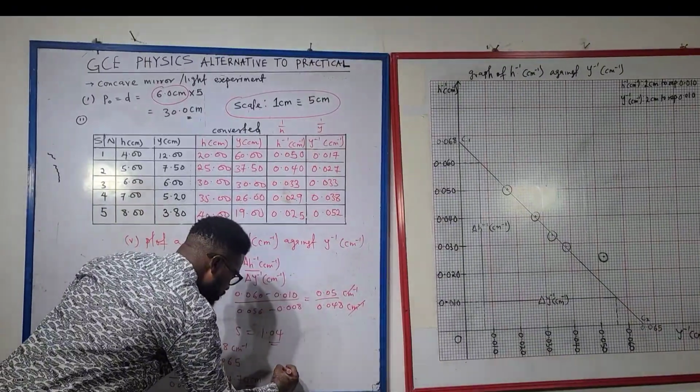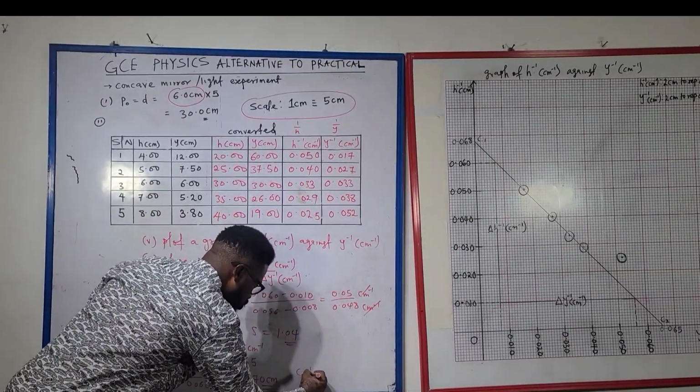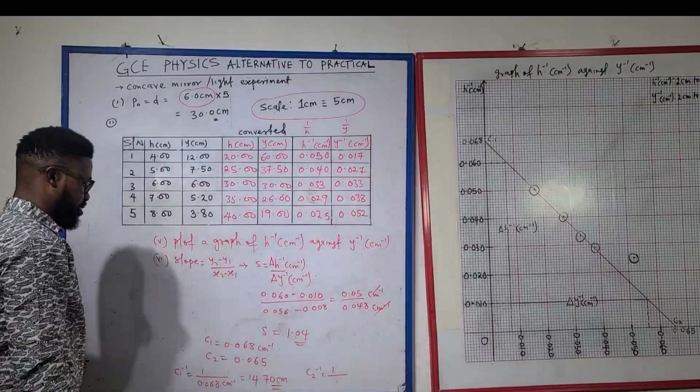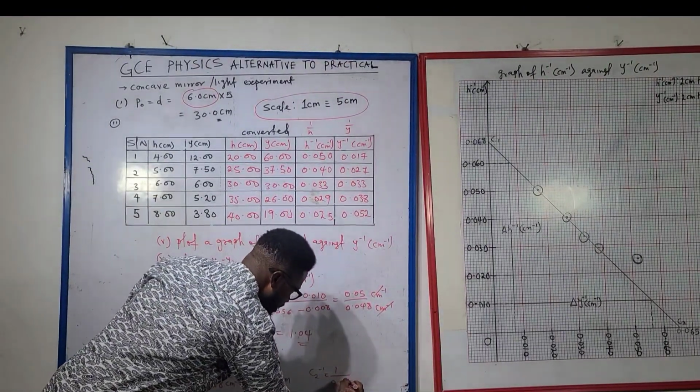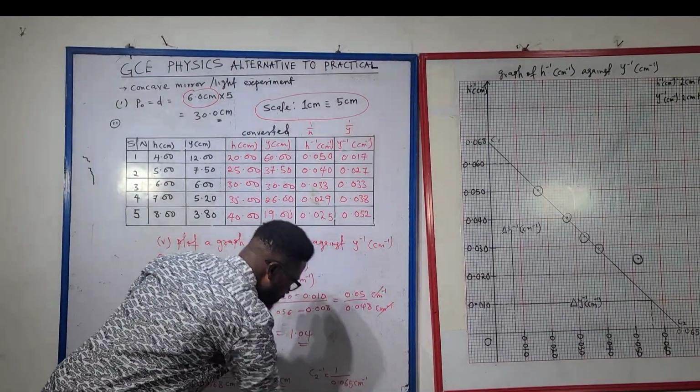Also, C2 raised to power minus 1 will mean 1 divided by 0.065 per centimeter.